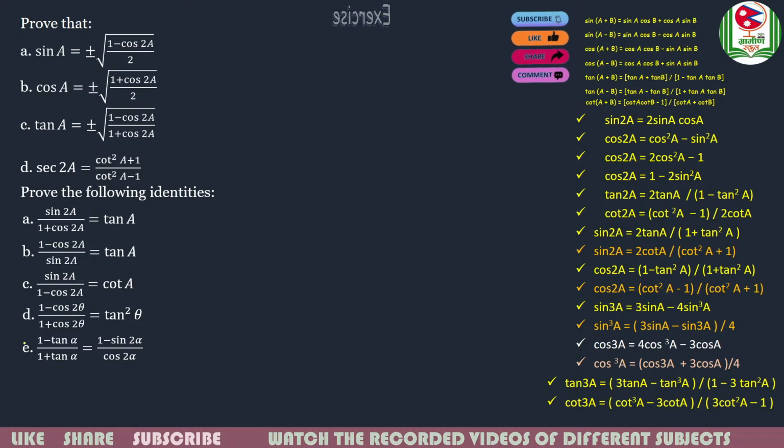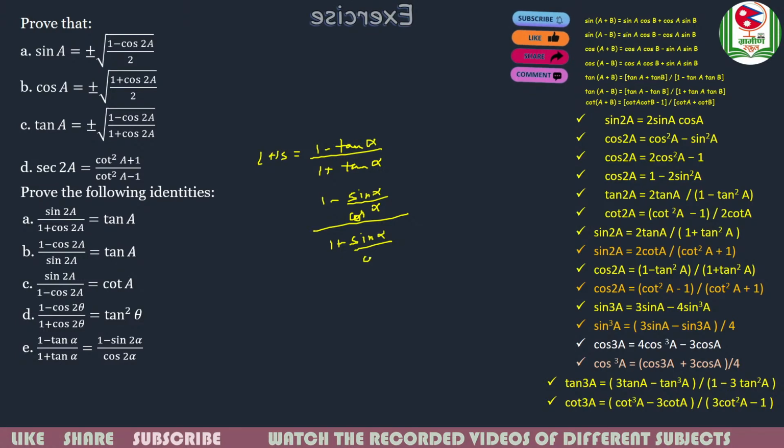Now 1 minus tan alpha upon 1 plus tan alpha, that is 1 minus sin 2 alpha upon cos 2 alpha. So for this, LHS is equal to 1 minus tan alpha upon 1 plus tan alpha. We know tan alpha is sin alpha by cos alpha, so we can write 1 minus sin alpha upon cos alpha by 1 plus sin alpha upon cos alpha.